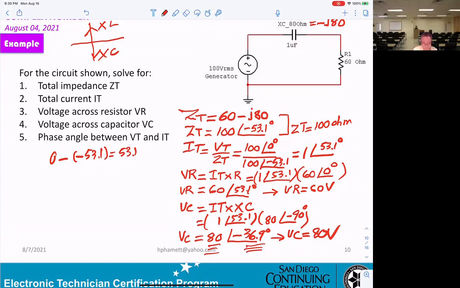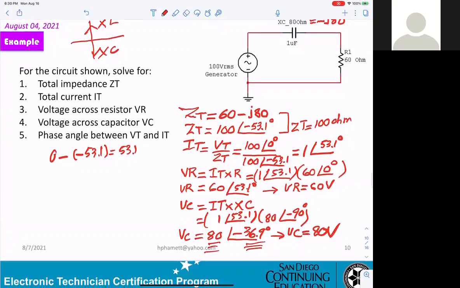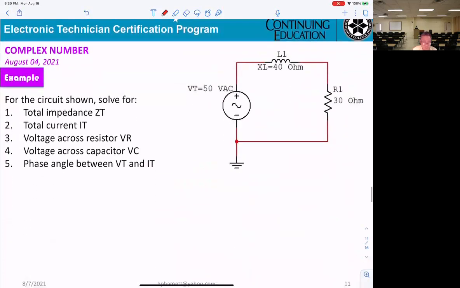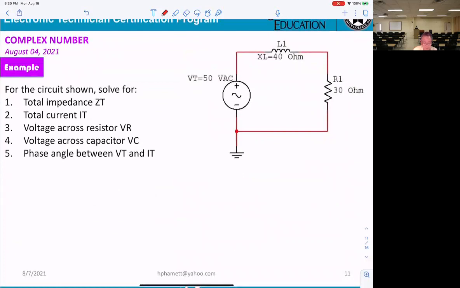And then VT, the total voltage, lags behind IT by 53.1 degrees. Okay. All right. Thank you. The thing is, when you're using complex numbers, they automatically give you the phase. Okay, now do it for me on that one. Try to see who can get through it.